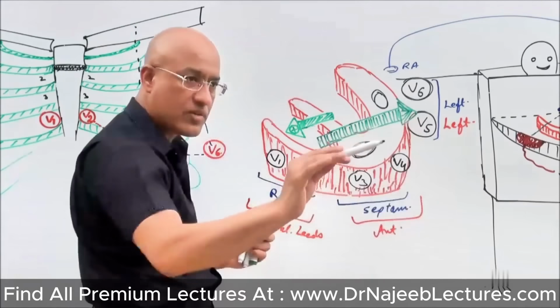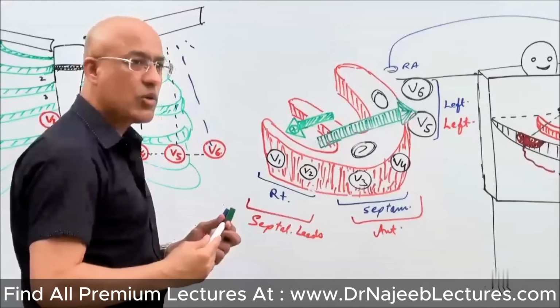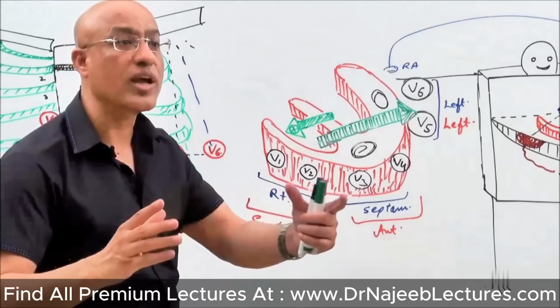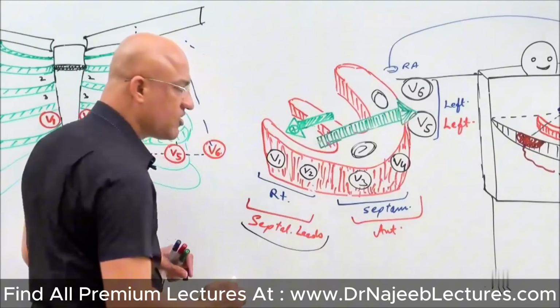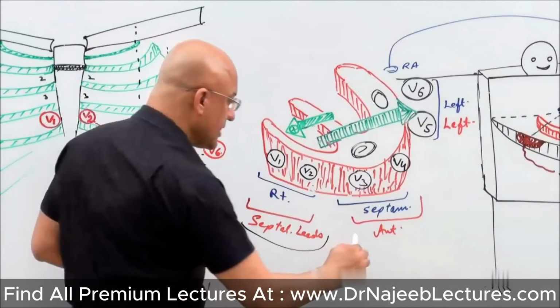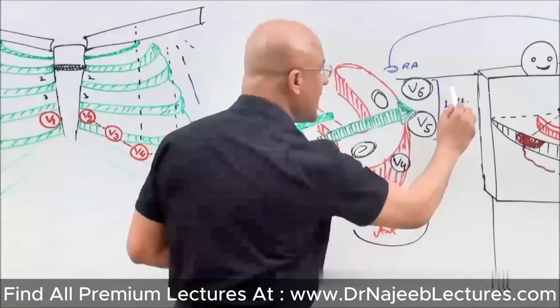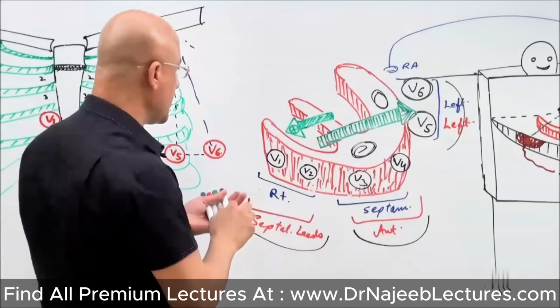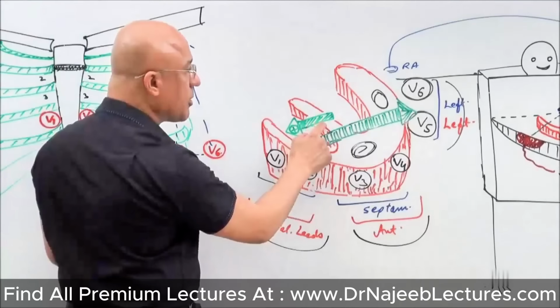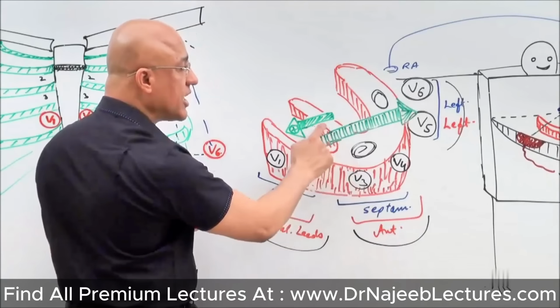V5, V6 of the chest. But sometimes infarction is more extensive. If infarction is only in this area, this is septal infarction with septal leads. This is strictly anterior infarction, and this is lateral infarction. But sometimes infarction is in the septum as well as in the anterior area.